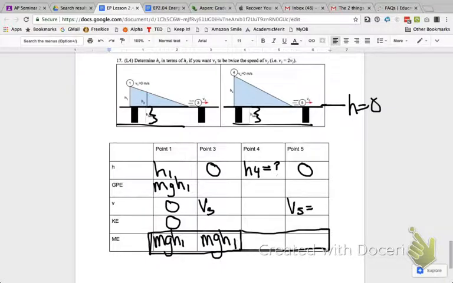V5 equals 2 times V3. And so here our GPE is 0. H4, we don't know what that is, but we do know that our velocity there is 0. And so that's 0. And then we don't know our V5, but we do know that our GPE is 0.